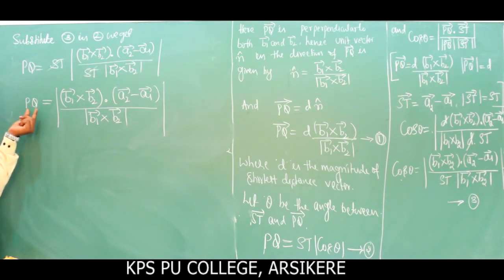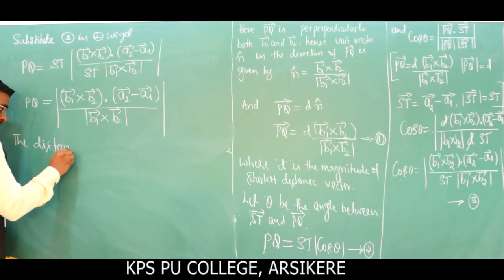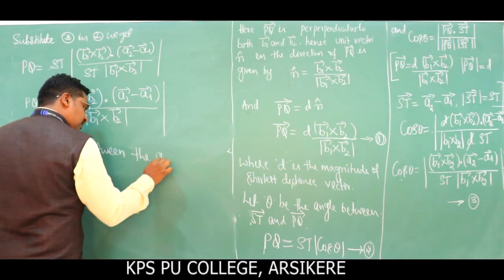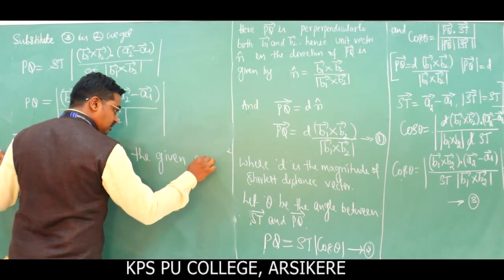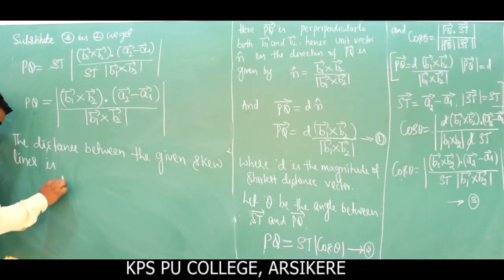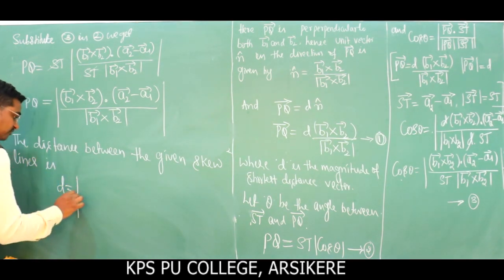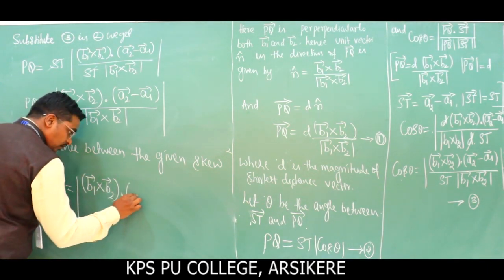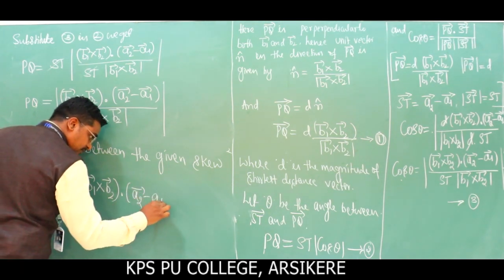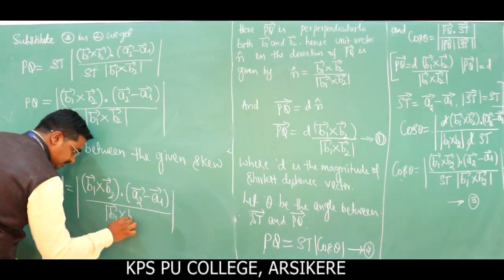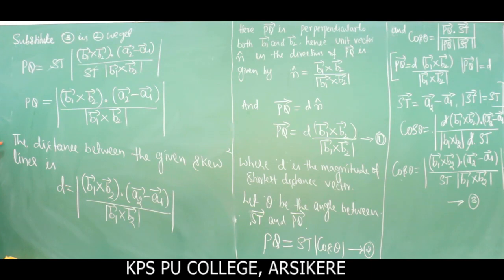Did you understand? That is nothing but D. Therefore the distance between given skew lines, take this here in vector form, D is equal to vector b1 cross vector b2 dot a2 minus a1, whole divided by modulus of b1 cross b2.